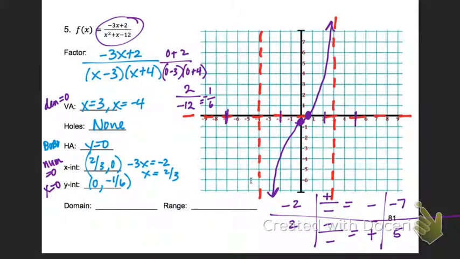Let's start out with -7. It's a negative on top and a negative on bottom. So you end up with a positive. So that means it's up here. And it curves to the axes.